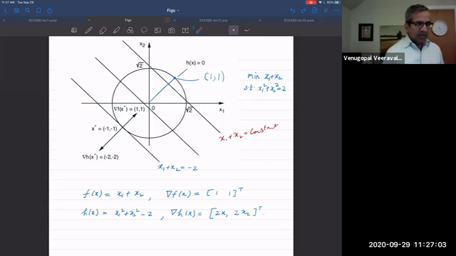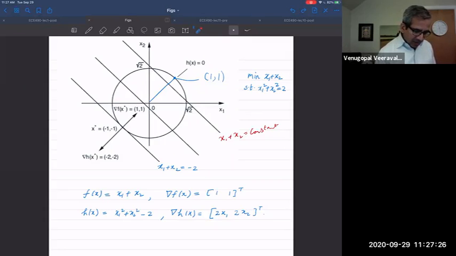Now, I need to satisfy the constraint. So I need to only be looking at x values in this two-dimensional space that are on the circle. For example, for this line here, I can look at this and this as my feasible values.